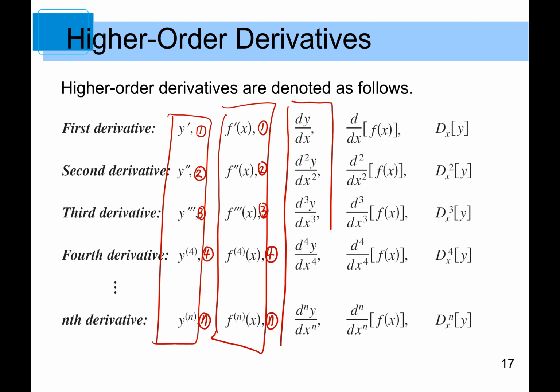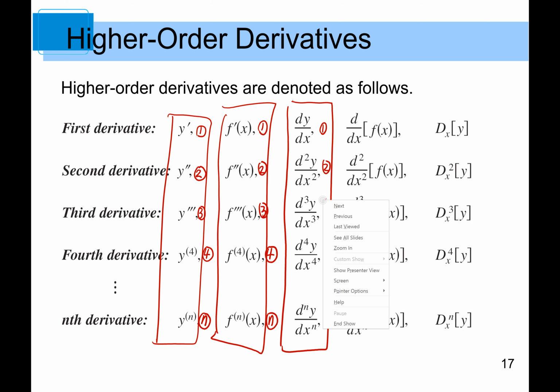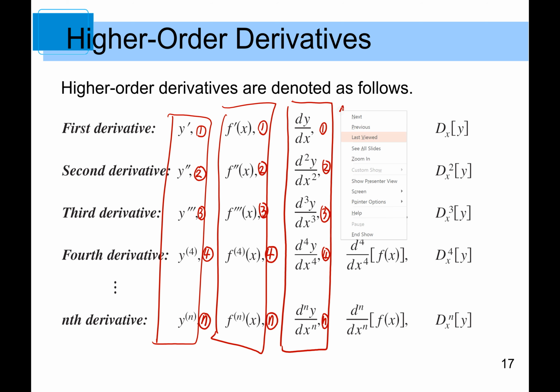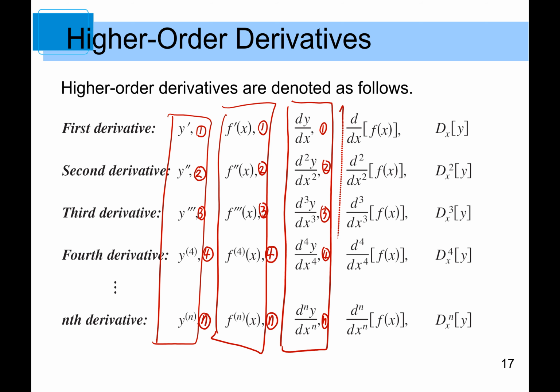Third way: dy over dx, first derivative; d squared y over dx squared, second derivative; d cubed y over dx cubed, third derivative; d to the fourth y over dx to the fourth, fourth derivative; and d to the n y over dx to the n, nth derivative. We have several different ways of writing this.